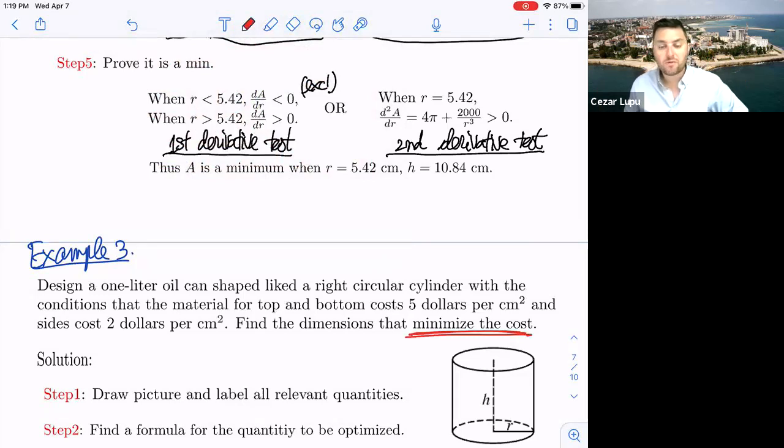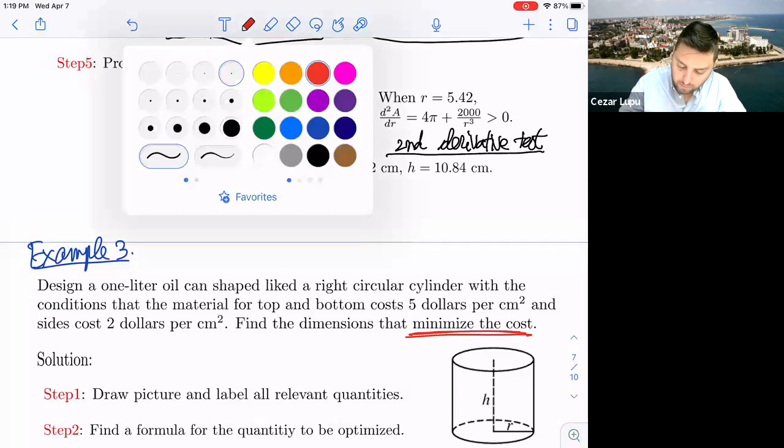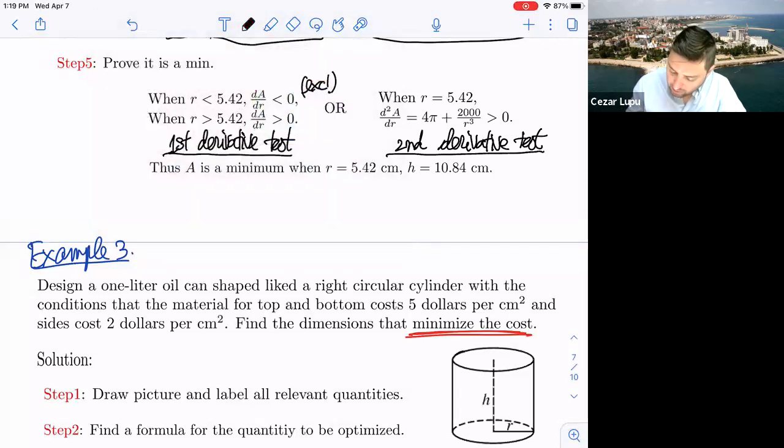Let's read it carefully. The condition is that the material for top and bottom costs $5 per centimeter squared. The area of each circle is pi r squared, and we have 2 of them.